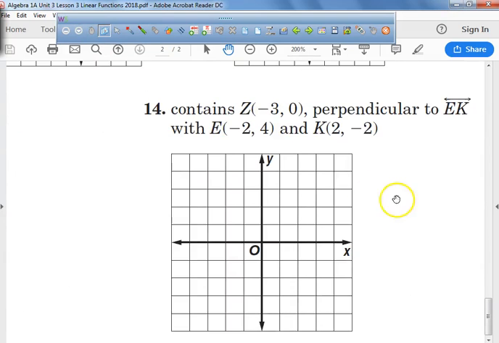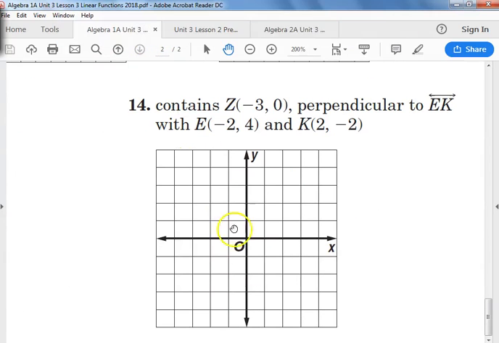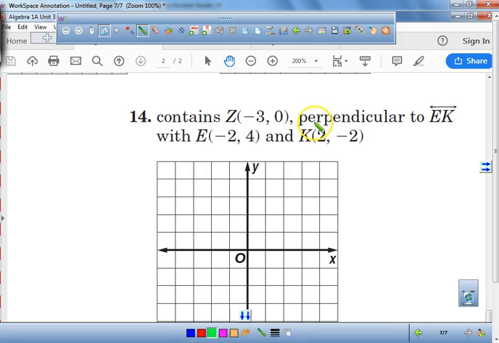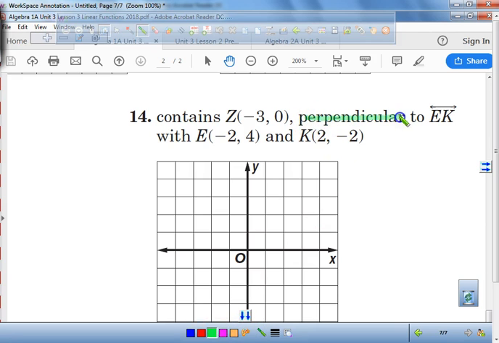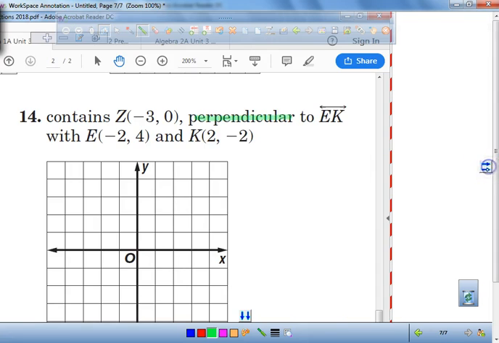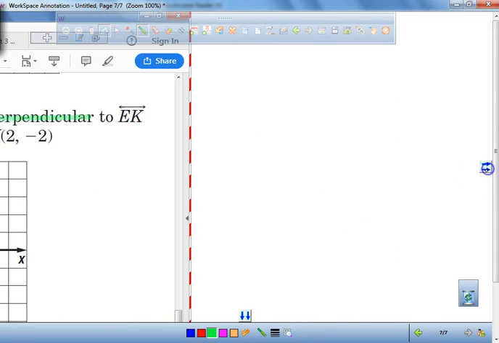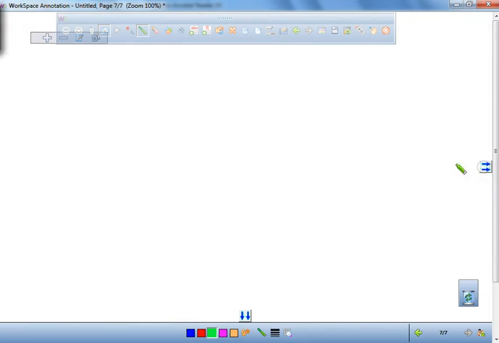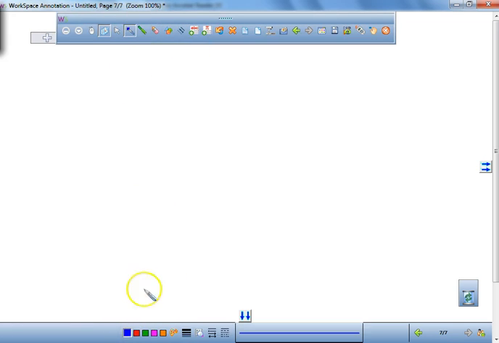In your journal, we have a new word: perpendicular. I'm going to write a concept about perpendicular. Write that big old long word, perpendicular.